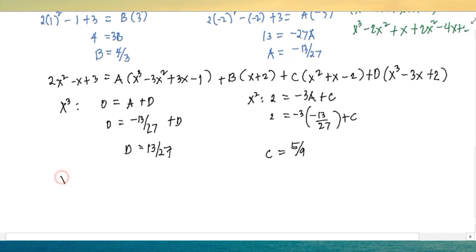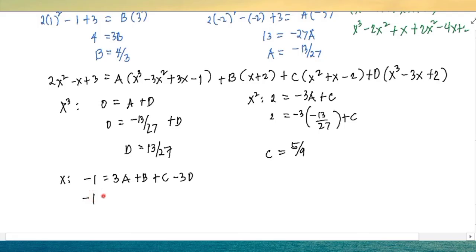And for x, we have negative 1. And so on the right side, we have positive 3a, and we have b, and we have plus c minus 3d. Since we already have the values of a, b, and c, masosolve na natin si d.